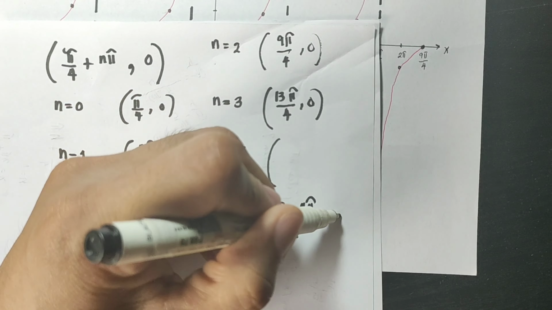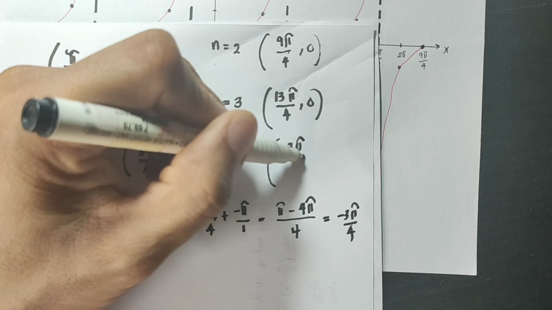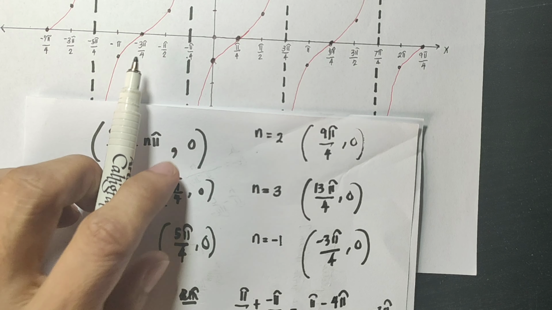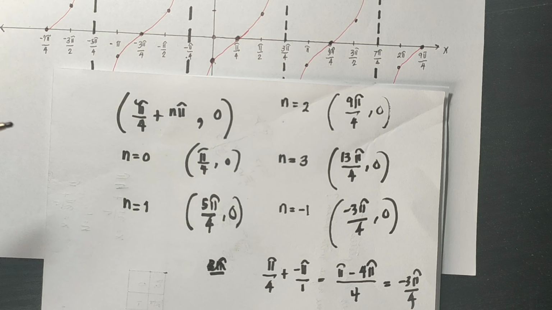So that will be negative 3 pi over 4, comma 0. Okay, so that is correct. So these are the x-intercepts of the given function.